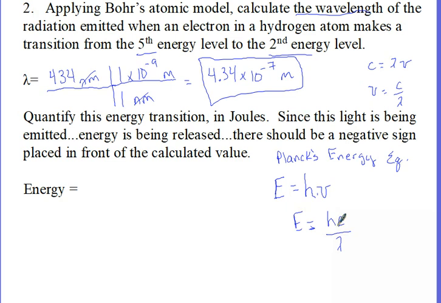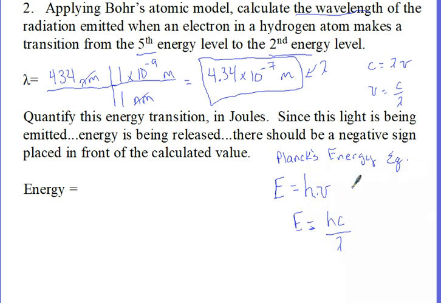Well, the reason you might want to use this one is because you just solved for a lambda. Okay, so we know speed of light is a constant value. Well, Planck's constant is a constant value. So if I give you the value for Planck's constant, and it's always that number in those units, then at the top, these two are constants, and if you're given a wavelength or you solve for one, you can solve for energy.